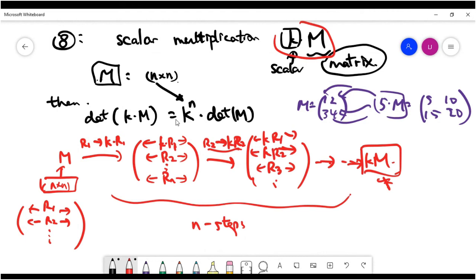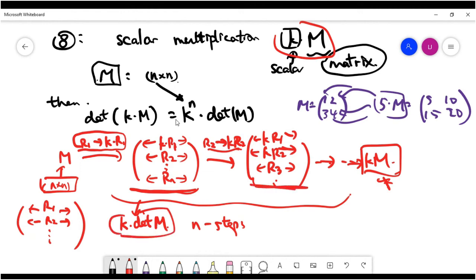And if you recall the previous properties, property 7, the matrix in the second step has determinant k times determinant M, because you are doing a row operation multiplying k to only one row. This fact we learned in property 7.